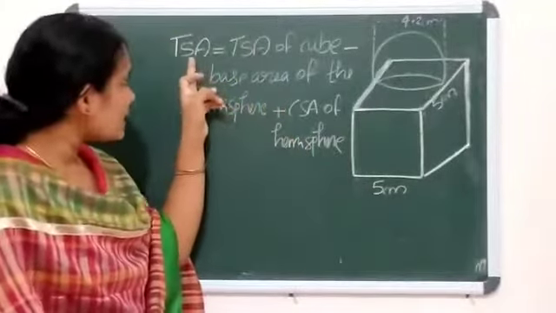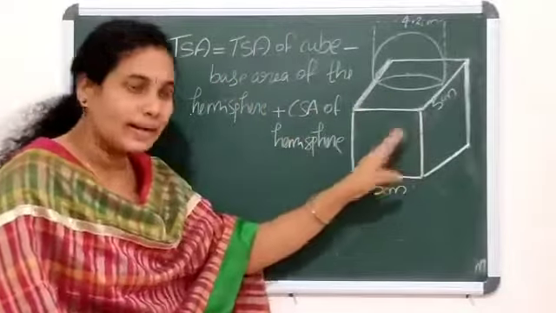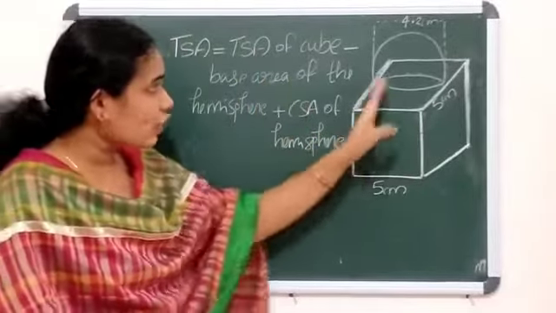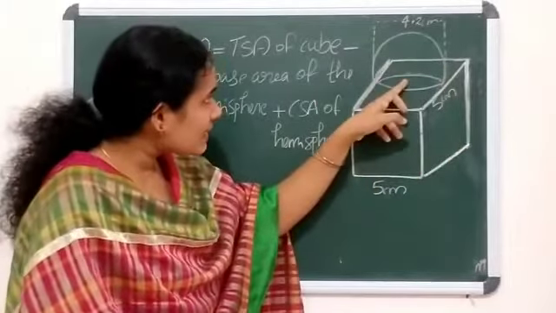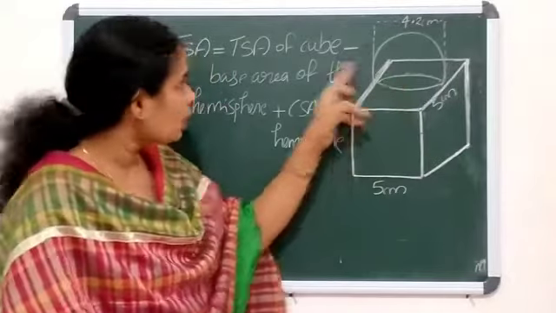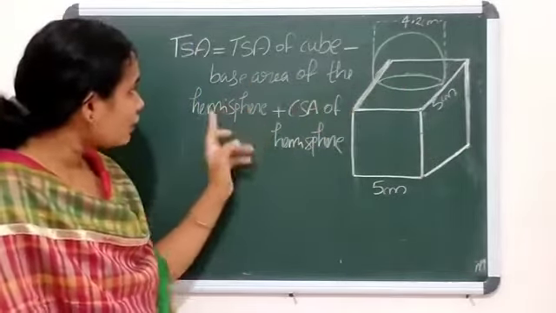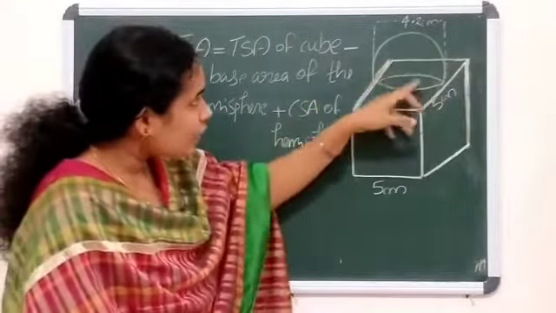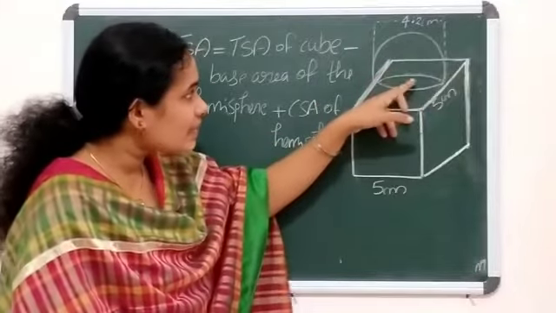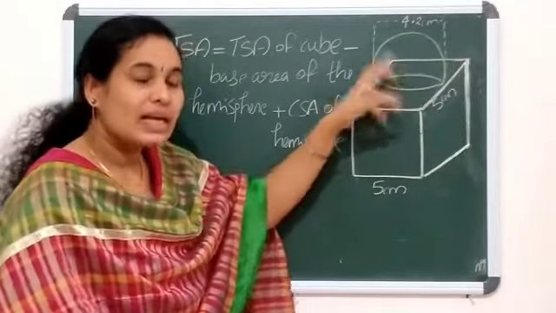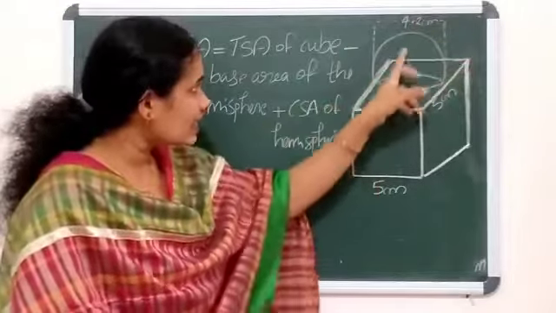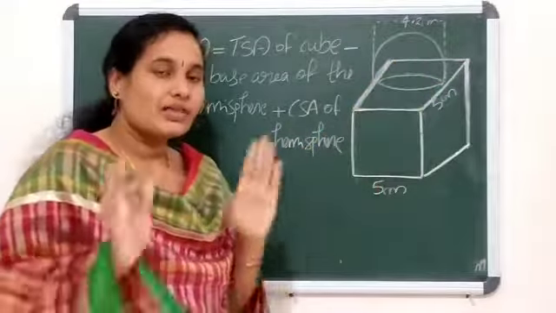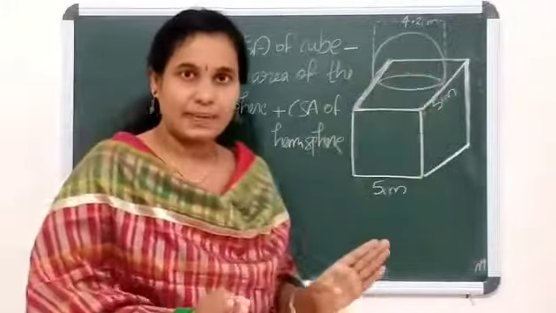So, the total surface area of this new solid equals the total surface area of the cube minus the base area of the hemisphere, the attached portion, plus the curved surface area of this hemisphere.